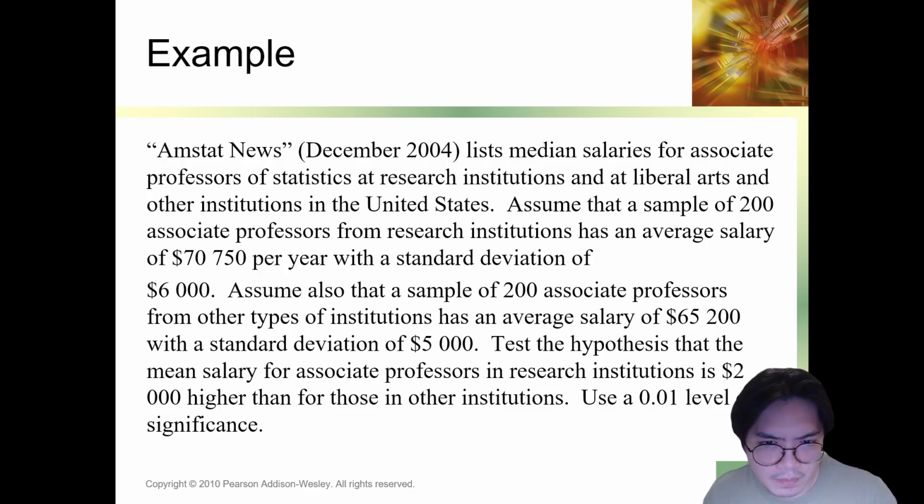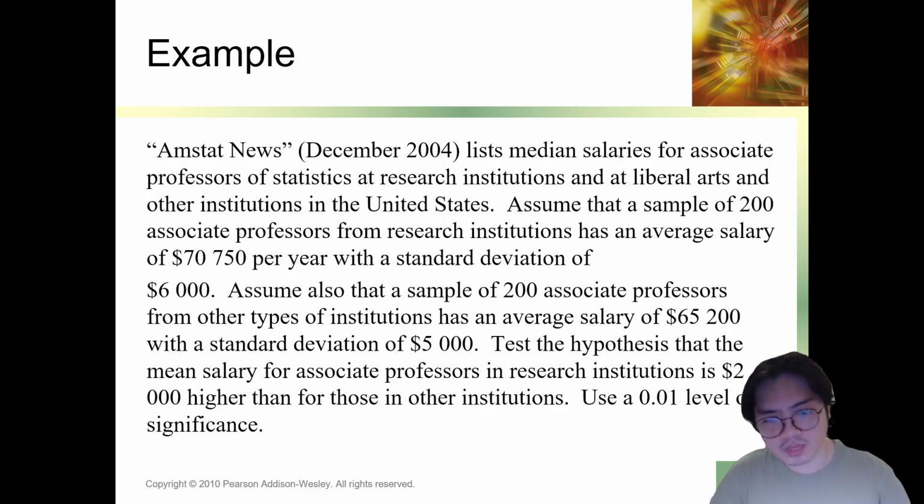Assume also a sample of 200 associate professors from other types of institutions, with an average salary of $65,200 and a standard deviation of $5,000. That's the hypothesis: the mean salary for associate professors at research institutions is $2,000 higher than for those in other institutions. Use a 0.01 level of significance.